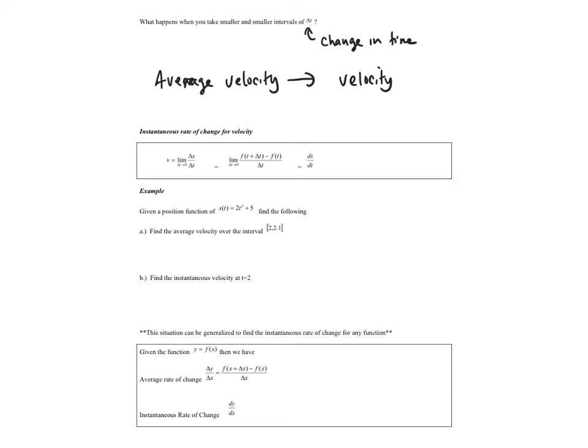And the big concept is this. As those intervals get smaller and smaller, your instantaneous velocity v can be given by your derivative ds/dt, because this is just going to be change in distance or position, because we called s position, over change in time.